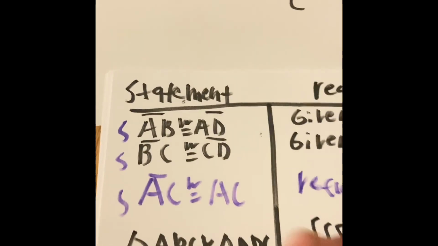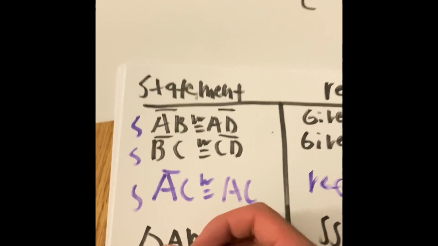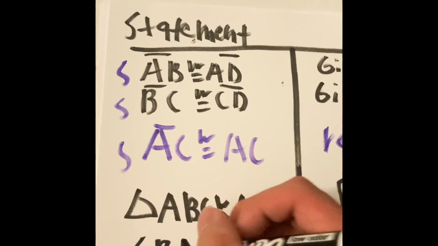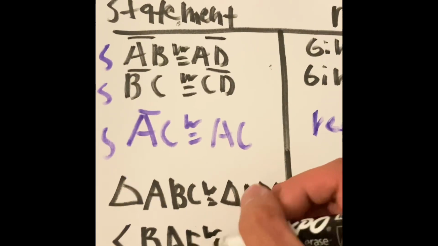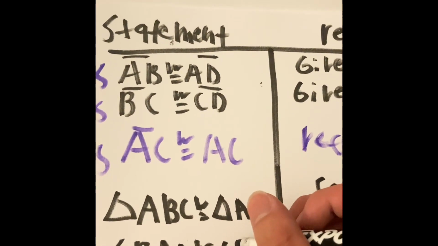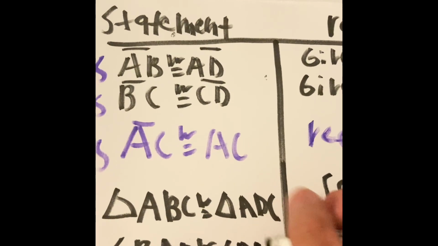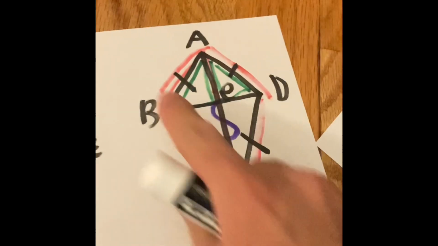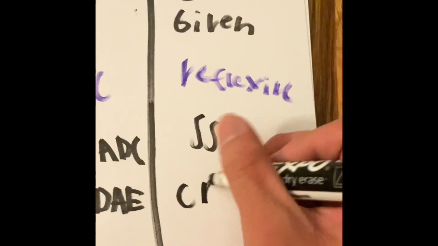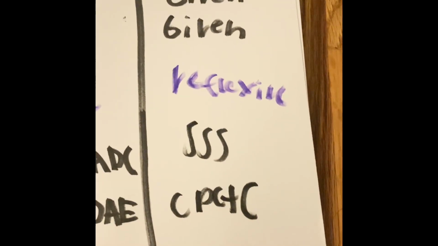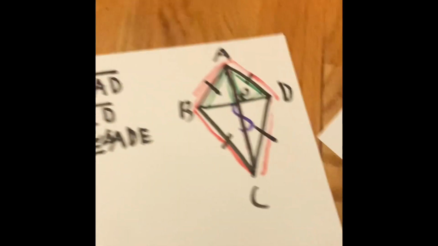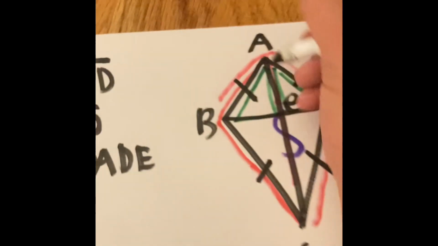So we can say that angle BAE is congruent to angle DAE. And we could say it's CPCTC because those are the parts of the larger two triangles. So now let's put angles right here.